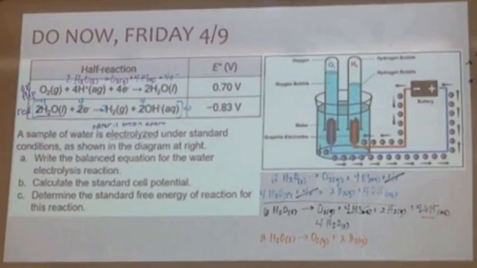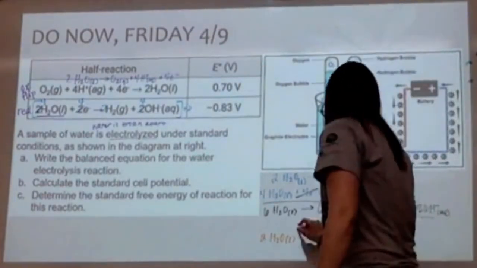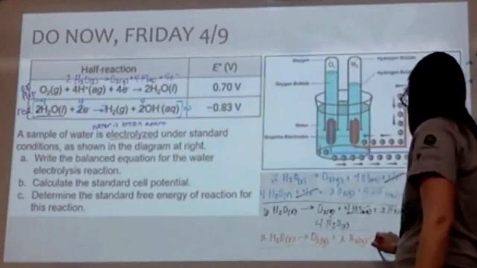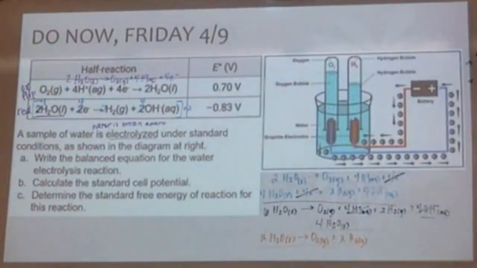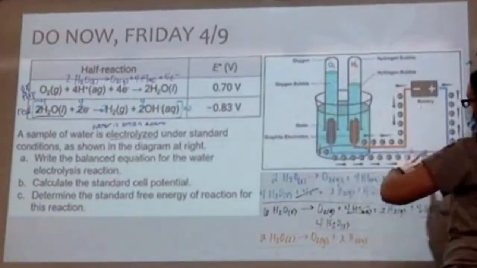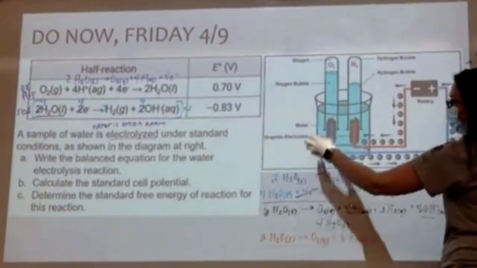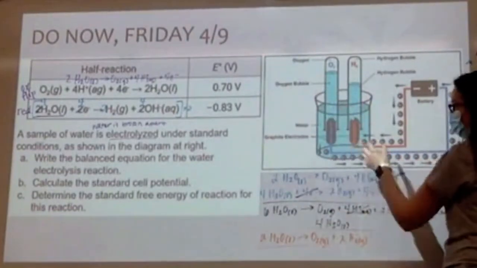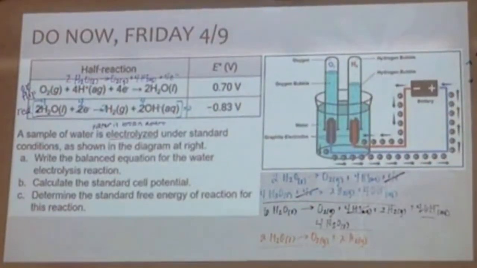So we canceled out the electrons, and when we canceled out the electrons and added things together, we were able to create more water and cancel out more water molecules. So here's our balanced equation for the electrolysis of water. This is what is happening in this entire cell. Each of the half reactions shows each one of the electrodes, but this is showing everything.